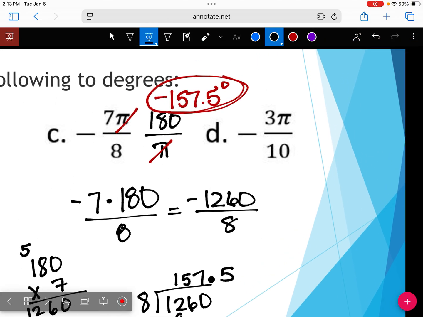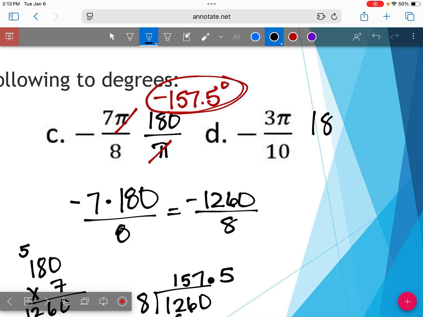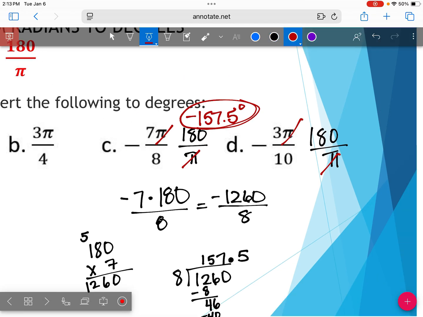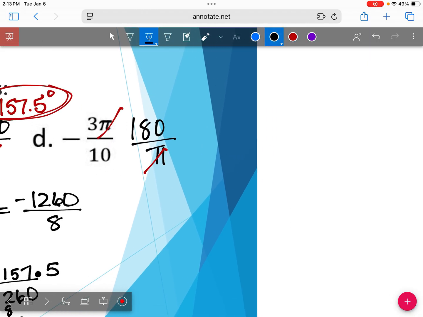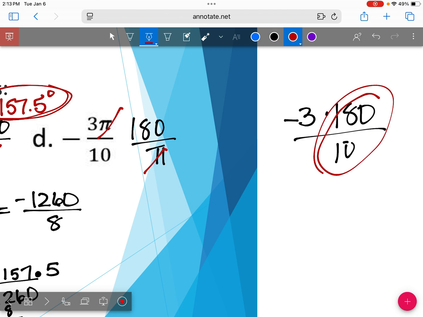All right, question D. Let's multiply it by 180 over pi. Now, this is one where I think it might be a little easier. So what I have is negative 3 times 180 over 10. This should be easy to do, right? So for this one, I would divide first. How many times does 10 go into 180? 18.